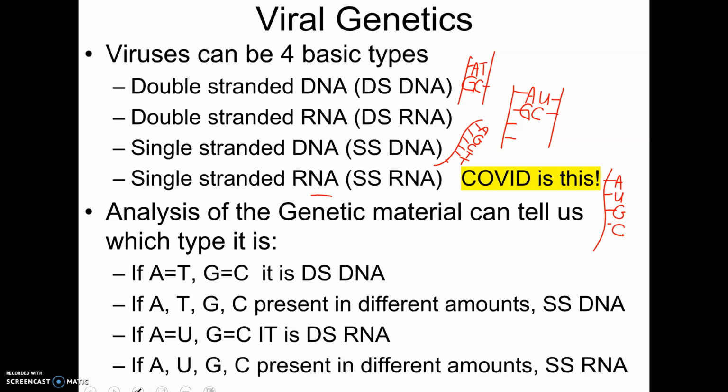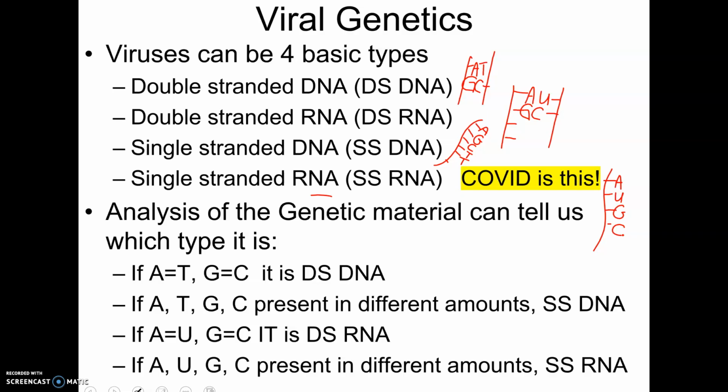So this is not an official classification system of viruses. Just to explain, there are all kinds of viruses, coronaviruses and retroviruses, and there's all kinds of classification systems. But specifically what we're looking at right now is determining what type of nucleic acid the virus has. Is it double-stranded DNA, single-stranded DNA, double-stranded RNA, or single-stranded RNA?